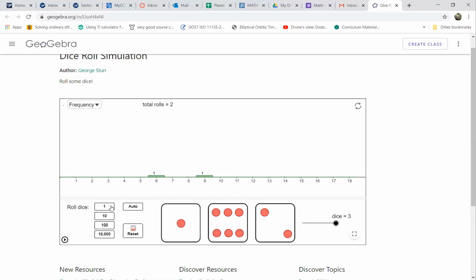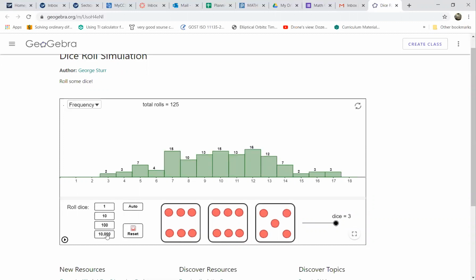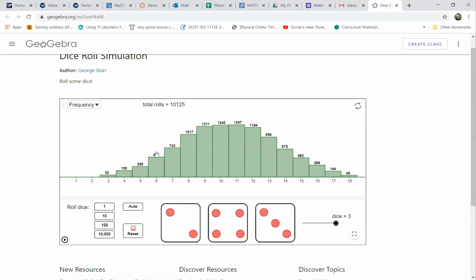Repeat it as many times as you want, 100 times, 10,000 times, and as you can see, the shape is still a normal symmetric distribution.